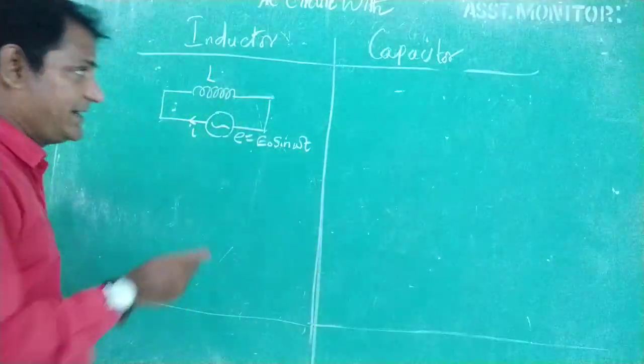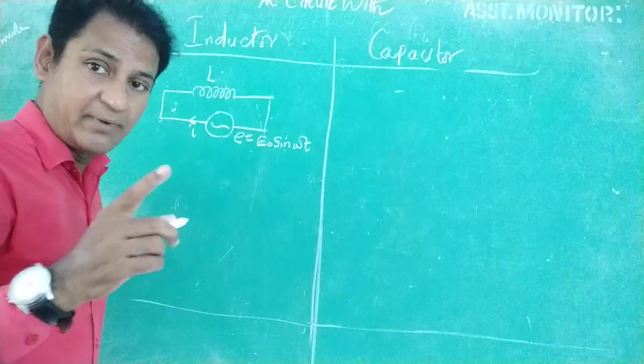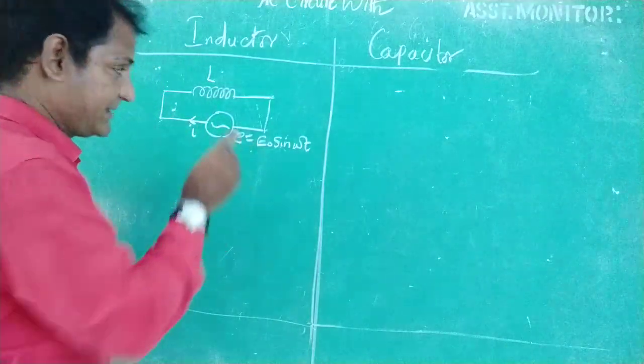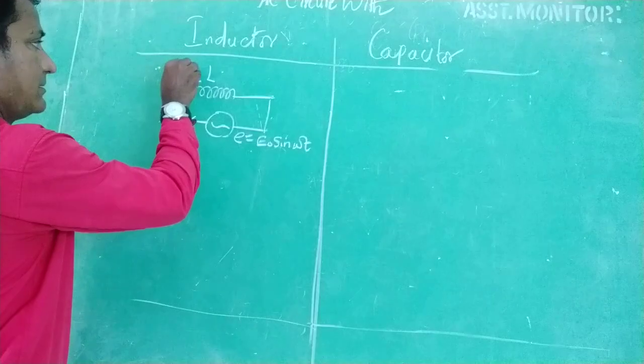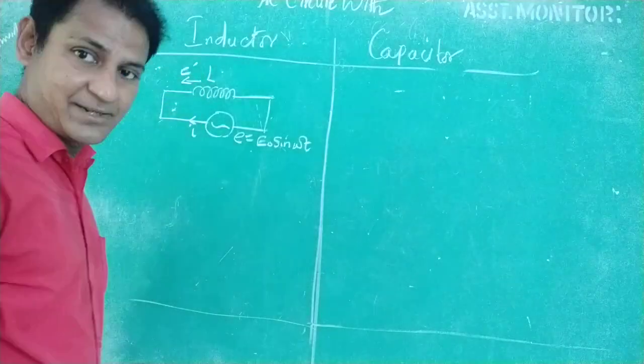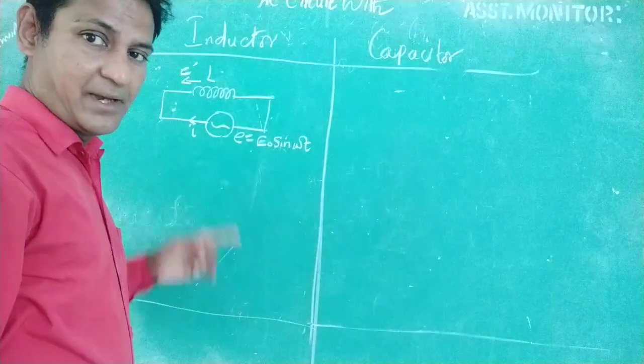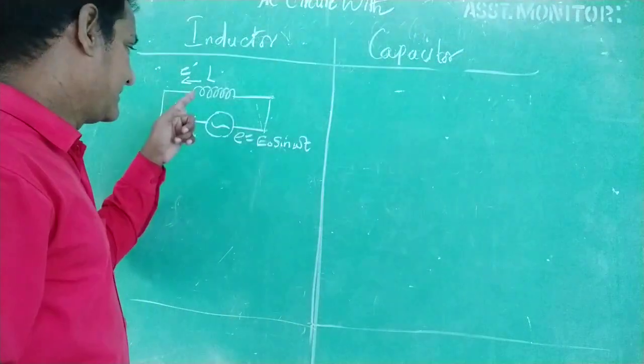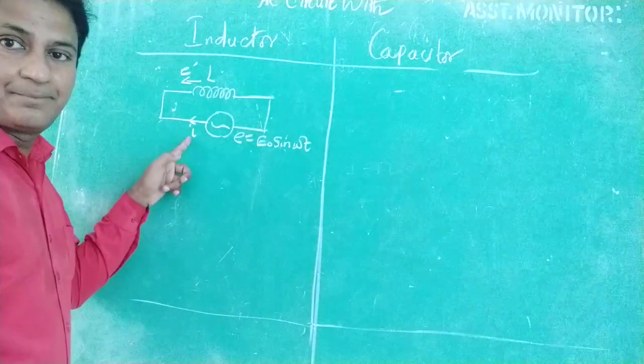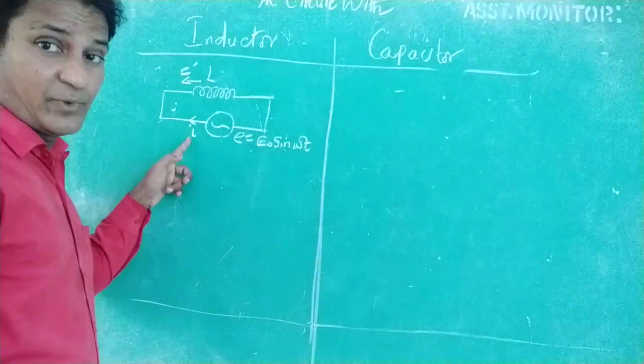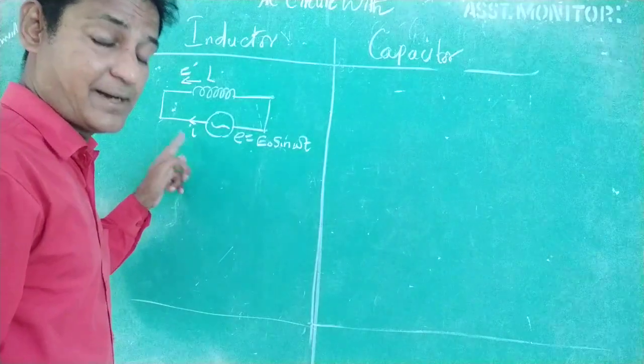This induced EMF will always flow in the opposite direction. It is called E dash. In such a way, it opposes the applied current I.